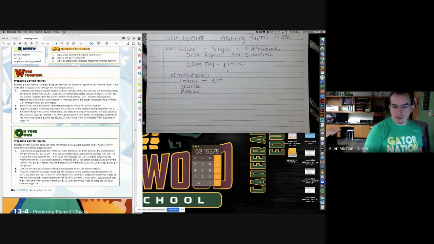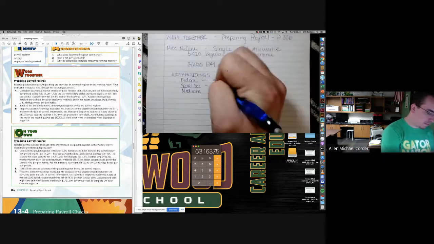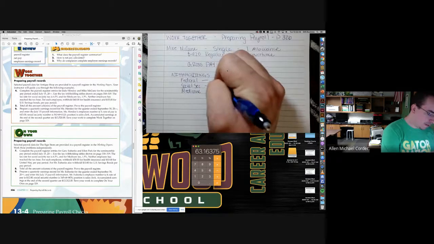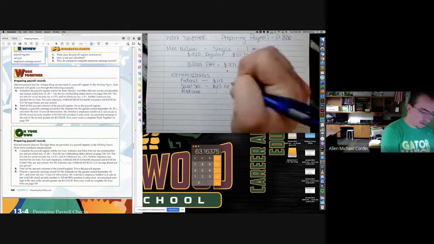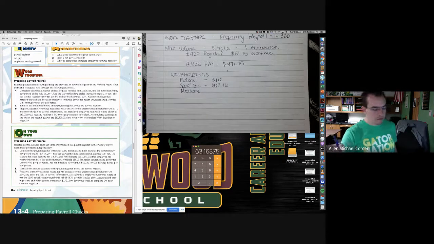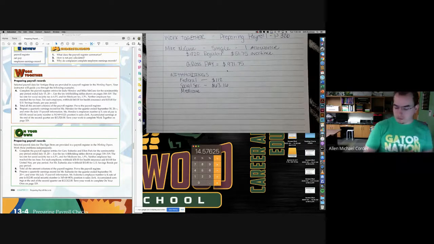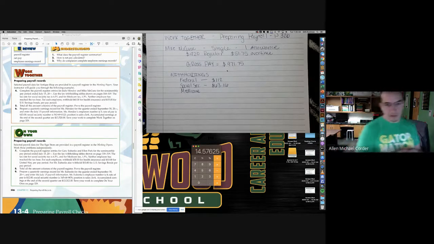He has $63.16 withheld. 63.16, because that 3 on the calculator doesn't move that 6 up or down. It just stays a 6. Okay. Medicare, 971.75 times 0.015 for Medicare. He has $14.58 withheld.